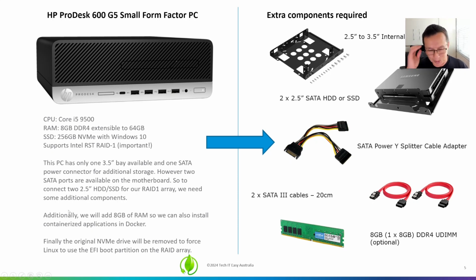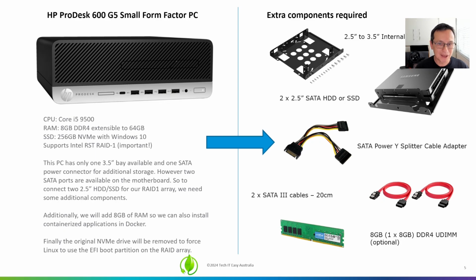And if you want to do more things like applications or containerized applications, then you need more RAM, but it's optional. And finally, the NVMe drive will be removed because we want to avoid a double boot situation.